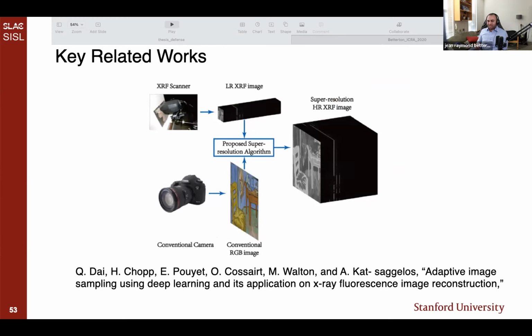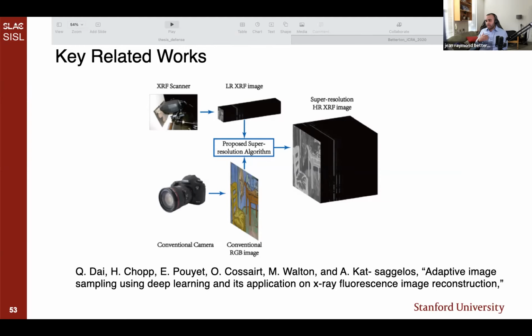What they do is they generate an adaptive sampling mask. The way they do this is they have a mask generating network and an image inpainting network that fills in everywhere that they didn't measure. They're both trained end to end for XRF applications. The way this works is they take an RGB image, like a photograph of the sample that they want to measure, and they feed that into a neural network.